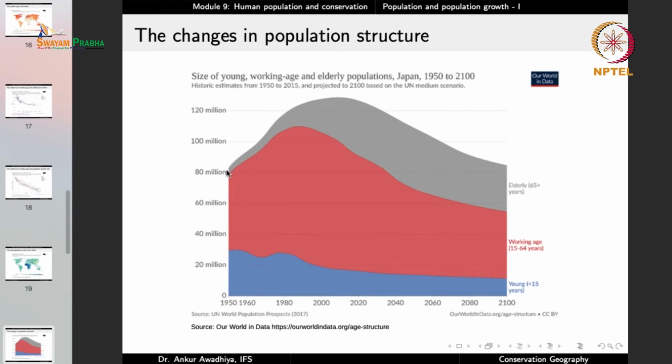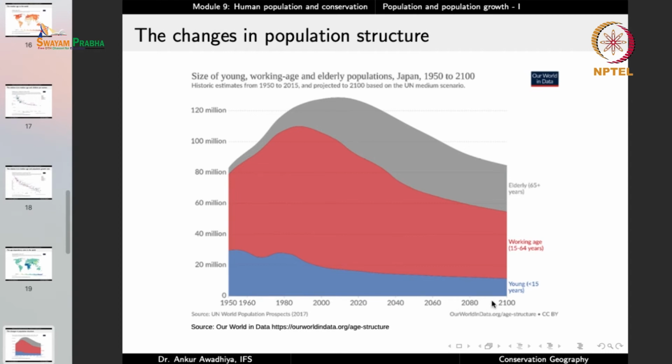In the 1950s, the major chunk of population was the working population. So the red shows the working age population, but we also had a large fraction that was the young population, less than 15 years of age. And very few people were the elderly population, that is 65 plus years.